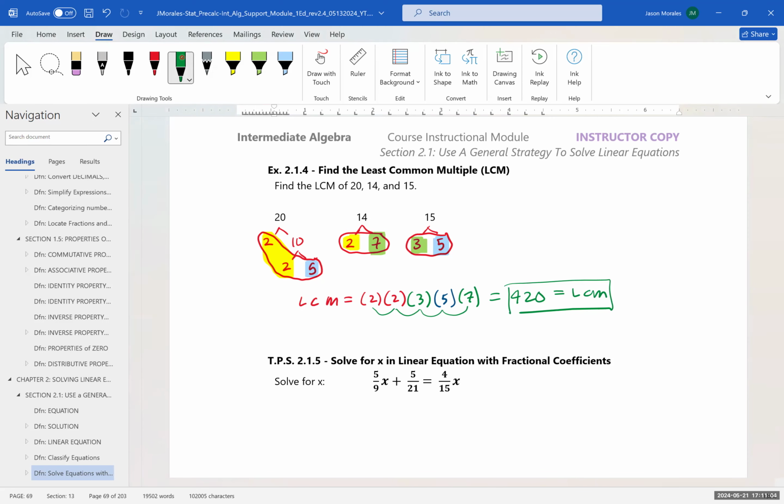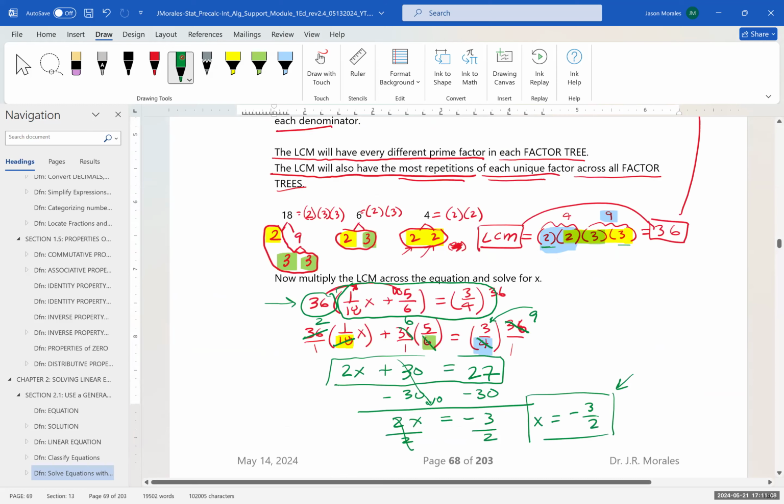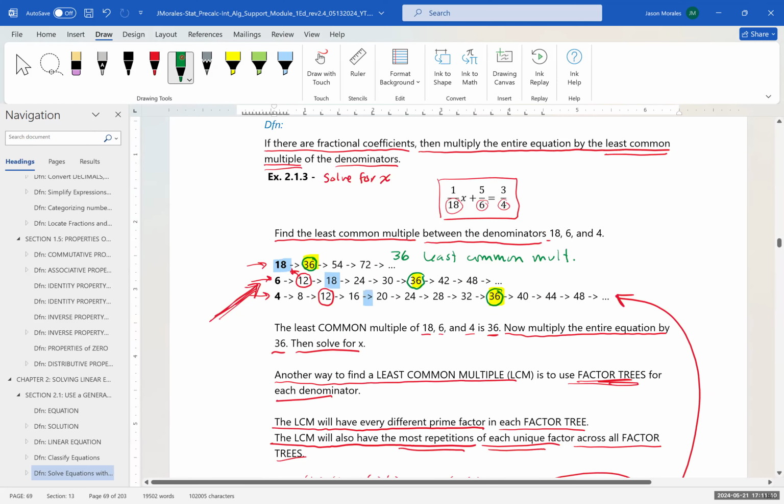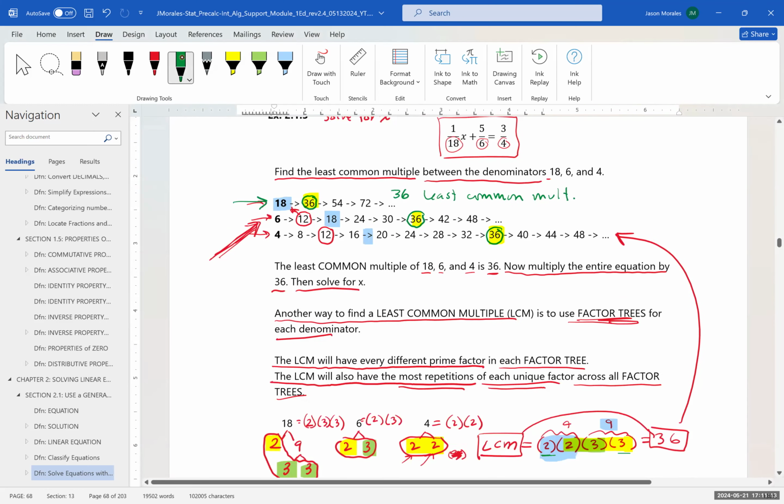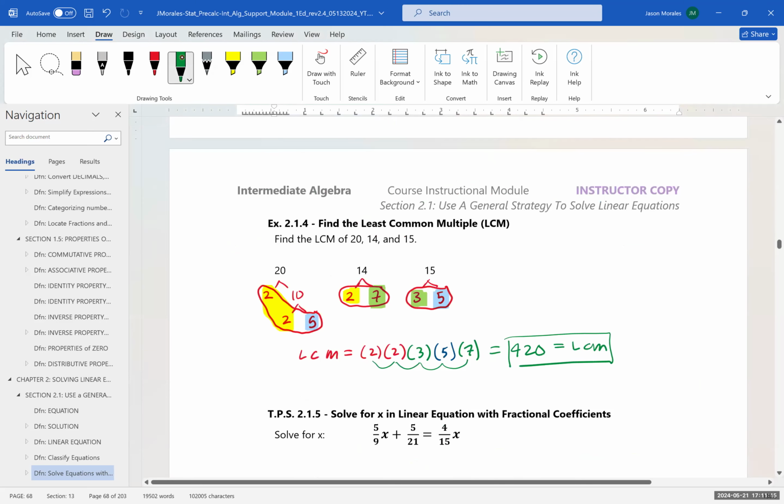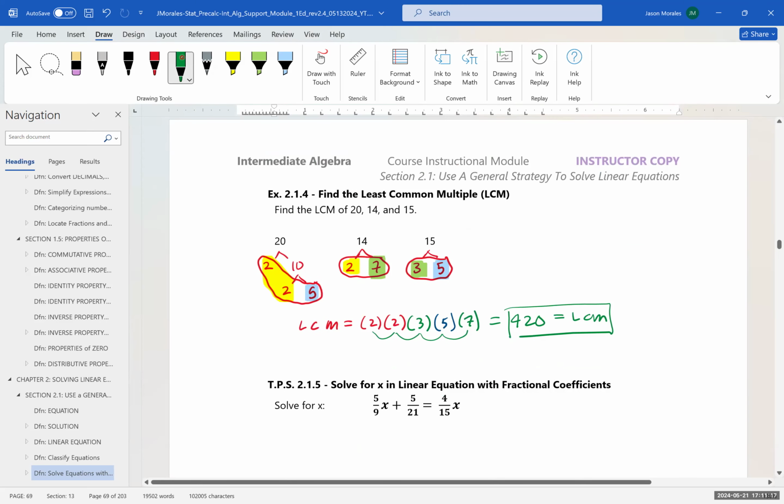So if you were to do this the other way, where you're making a list of multiples in order to find the least common multiple, think about it. If you started with 20, you would just keep adding 20.